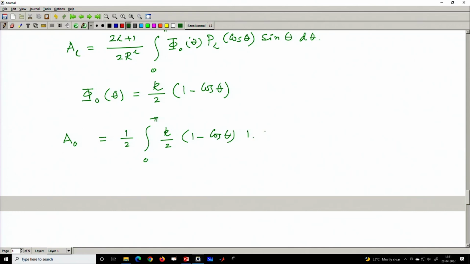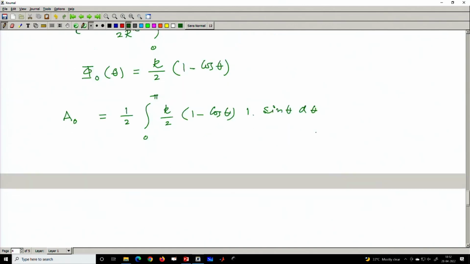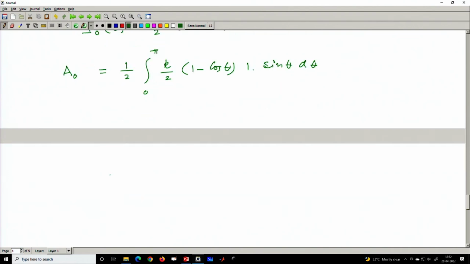So 1, and then sin theta d theta. If I execute this integration, let us put this k by 2 outside.